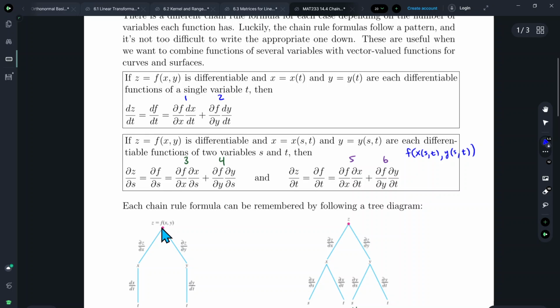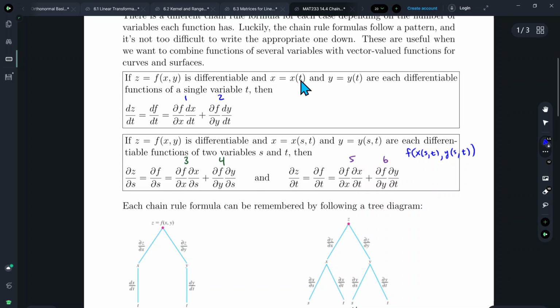So this node represents the function f, and then you branch out depending on how many variables f has. So here f is a function of 2 variables, so we branch out to x and y, and similarly here, again, f is a function of 2 variables, so you branch out x and y.